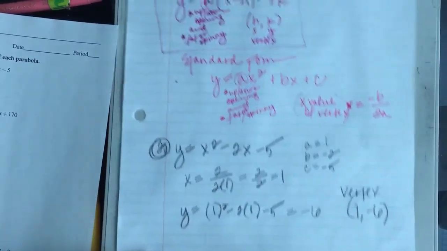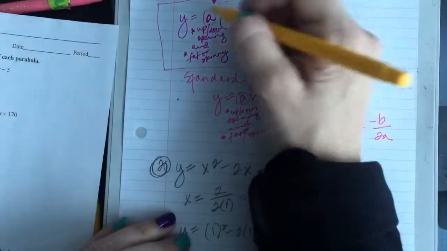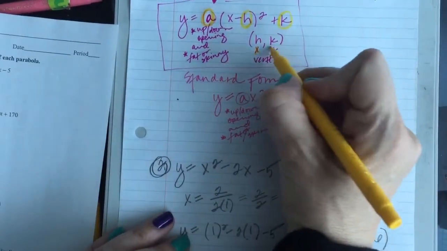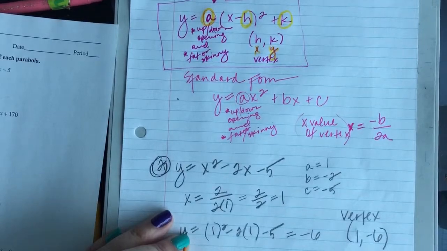What do we need in vertex form? A, H, K. H is the x value of the vertex, K is the y value of the vertex.